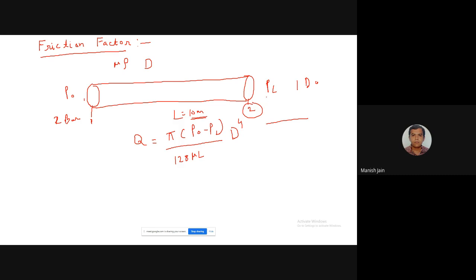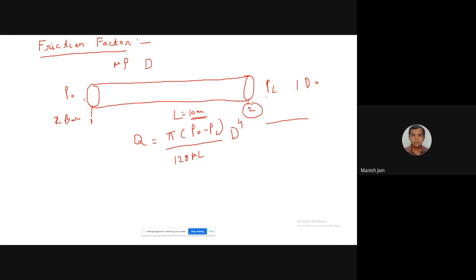In fluid mechanics problems, generally the fluid flows inside a pipe. Whenever you transport fluid from one point to another, it is transported through pipelines. Suppose you want to transport crude oil from the Gujarat Kutch port to the Mathura refinery. It is transported through a pipeline.